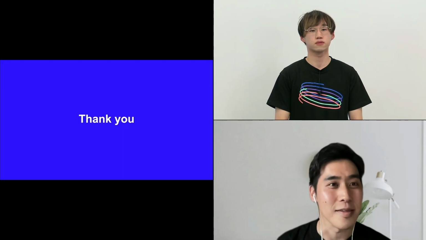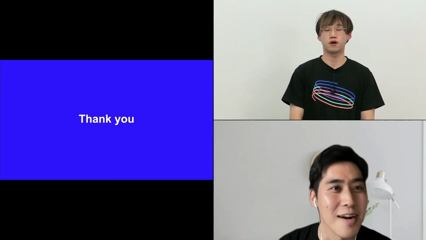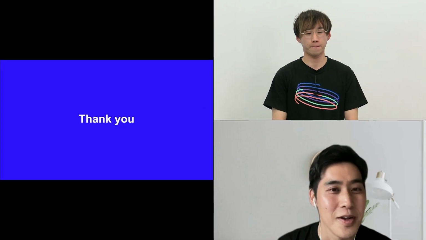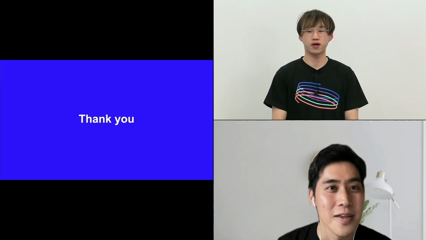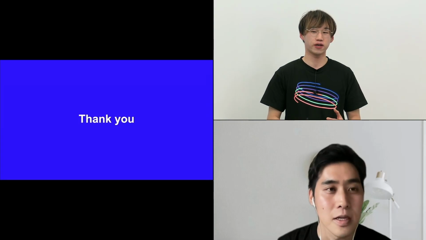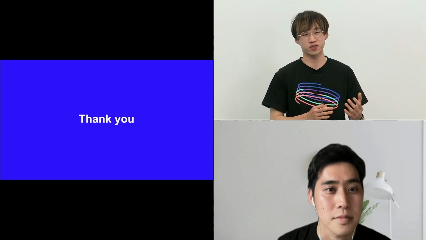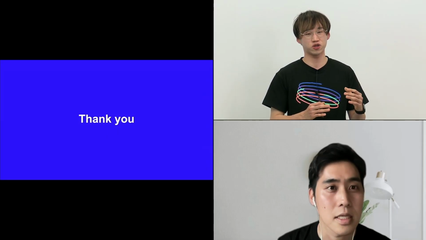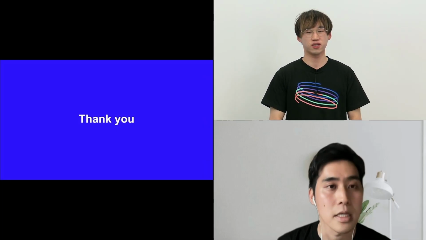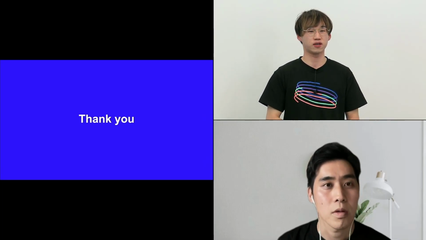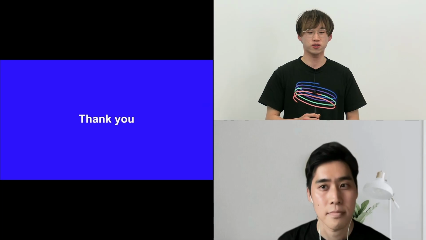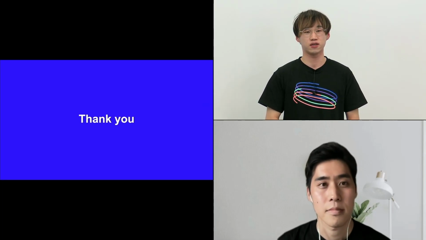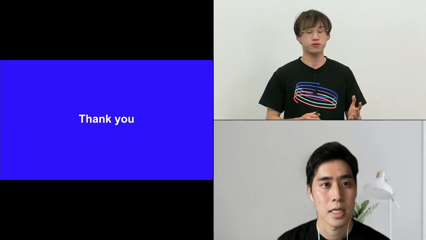With Jetpack Compose, what was the learning cost? Compared with XML, well, XML is something that everyone has been using for some time. So in terms of the learning cost, I don't think there was so much, but Compose is something completely new, so in order to learn, maybe the learning cost is a little bit high.